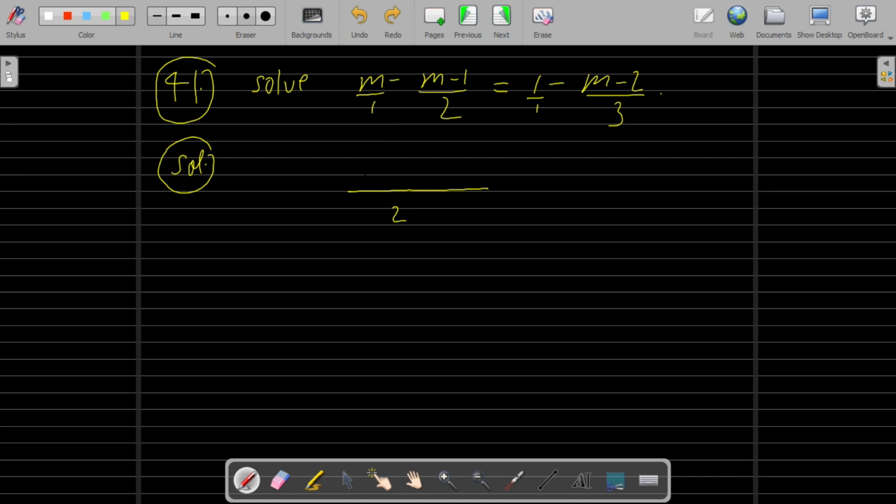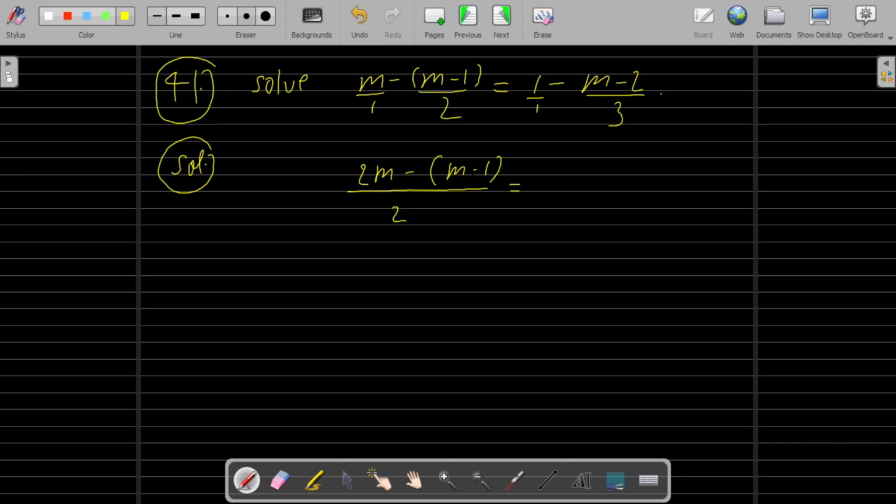So this will be equal to 2m minus m minus 1. The concept of this question is, if I am multiplying this 1 along with minus, it will get multiplied not only to this m but also to the whole quantity.